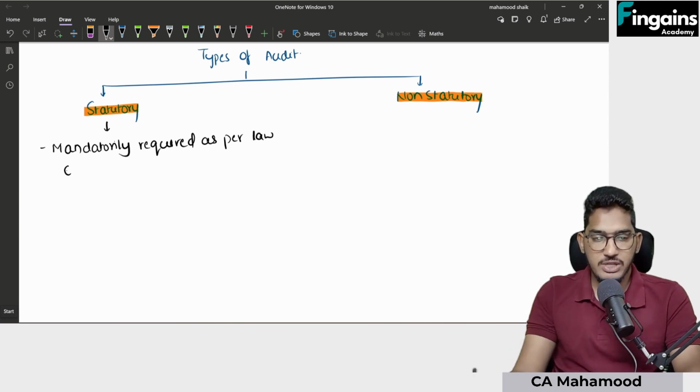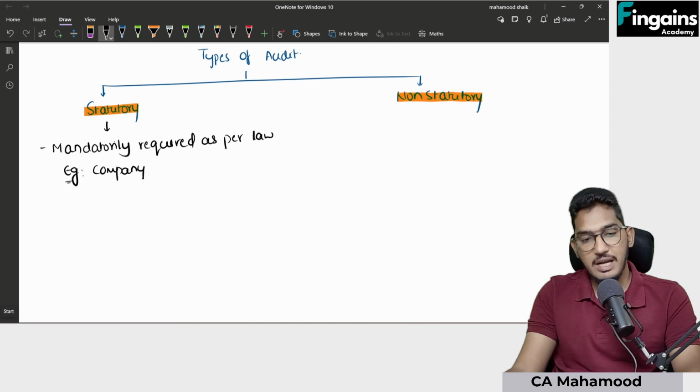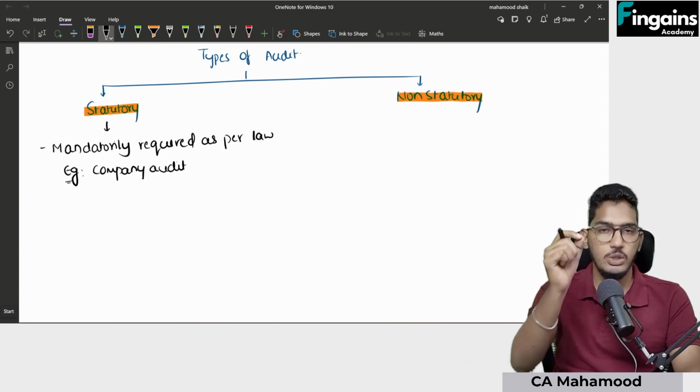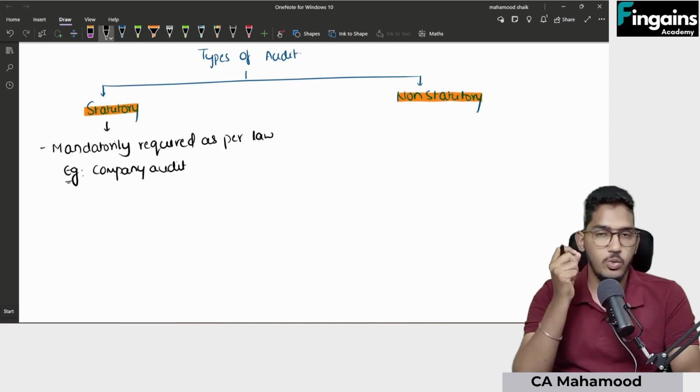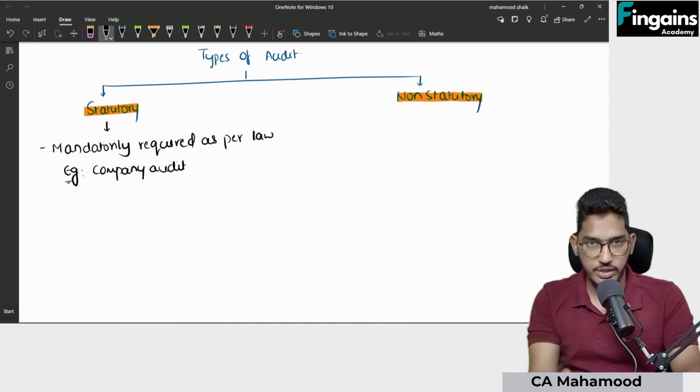So examples of statutory audit are, number 1, company audit. So company audit is a statutory audit. Which law has made it mandatory? Companies Act 2013 has clearly specified that once an entity is registered under the Companies Act, all those companies are required to mandatorily undergo audit.